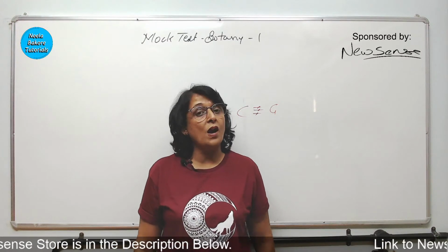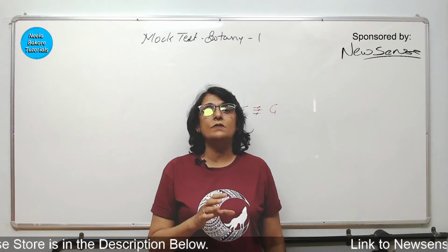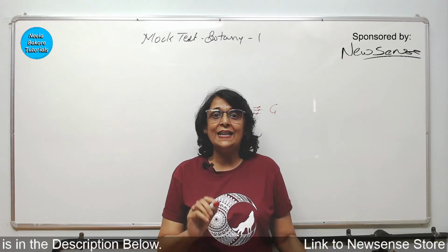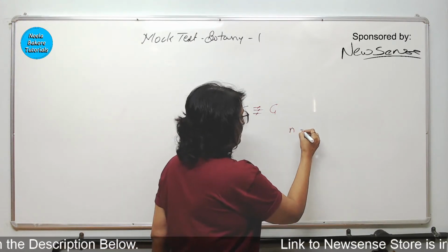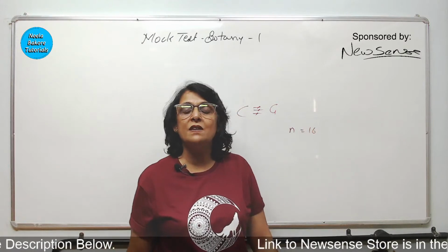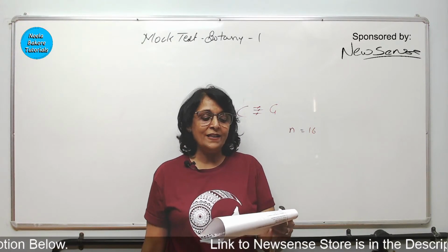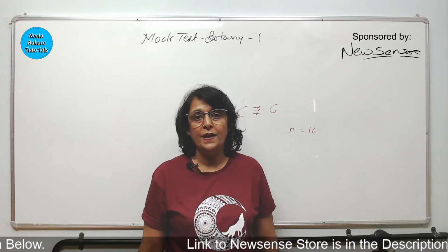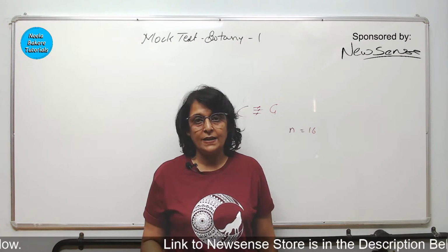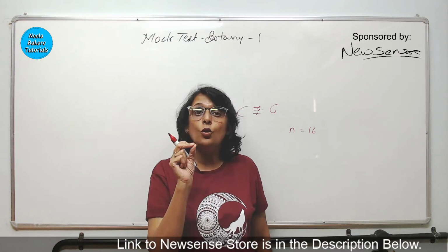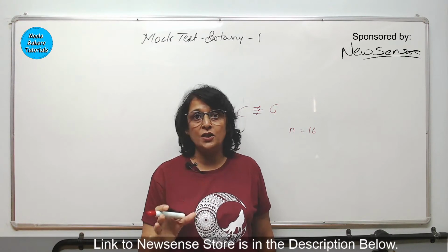Sixth question is again very important, again a concept based question. Here it is given that N is 16. So haploid number of chromosome is given as 16. Then how many bivalents are there in metaphase 1? What exactly is a bivalent and metaphase 1? So you know we have to pick the clues which are in the question itself.